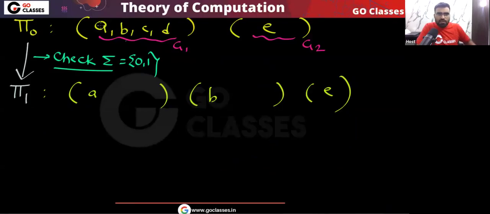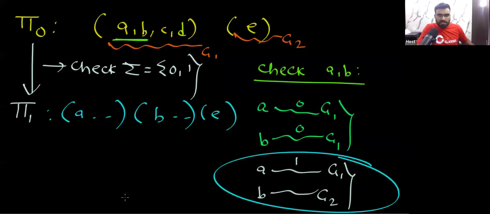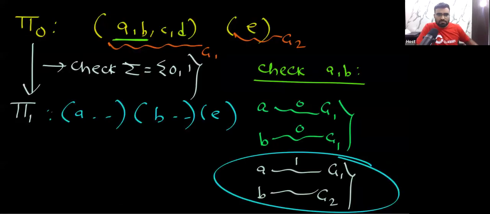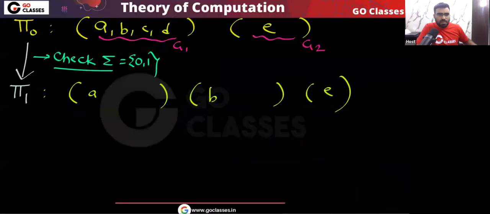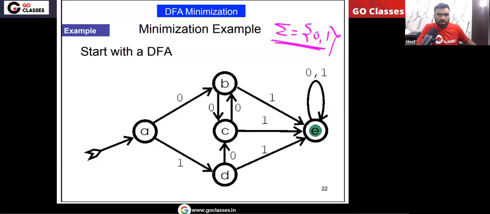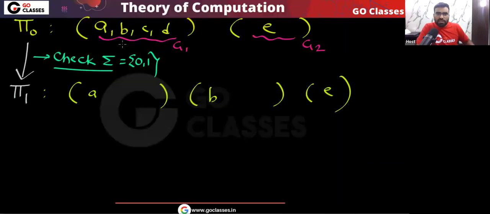Now we will check AC. Tell me, what about AC? Can anyone tell me about AC? Let's check AC. On 0, where are they going? A comma C, on 0, they are going to G1. Yes or no?